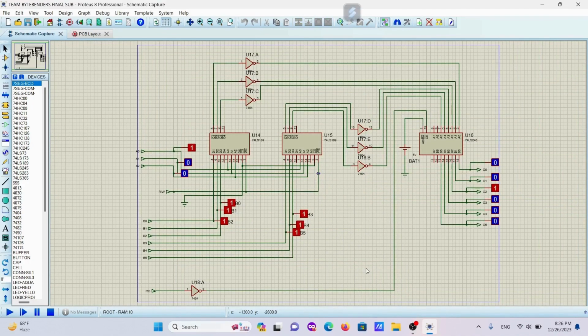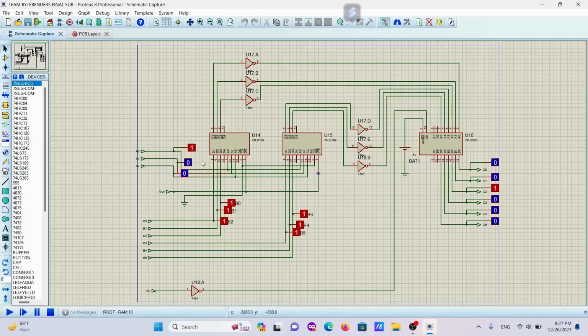Now let's see how we design this RAM by going to the child sheet. For designing this RAM, we used 2 RAM ICs and 1 buffer IC, and we have connected the RO switch with the buffer IC so that the data cannot go into the bus until this RAM out switch is enabled. And we have used 3 address switches.